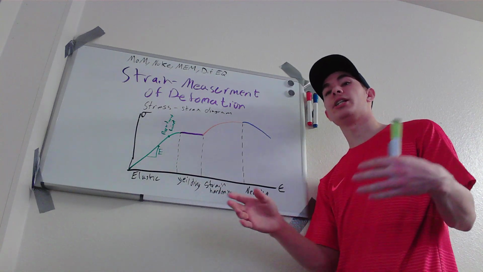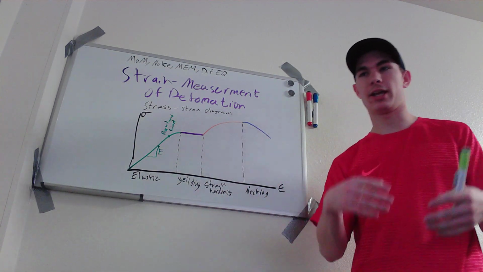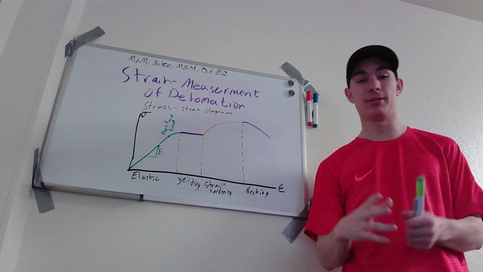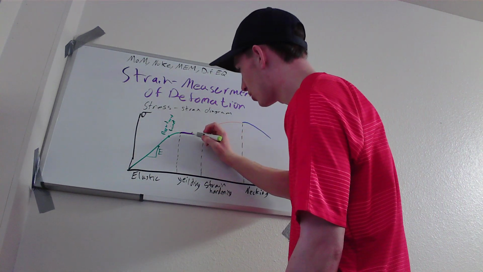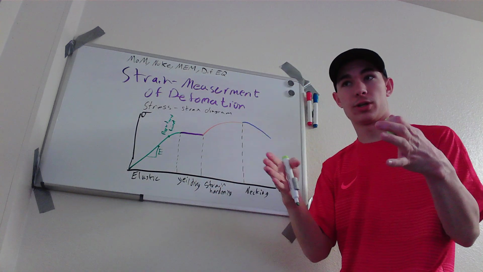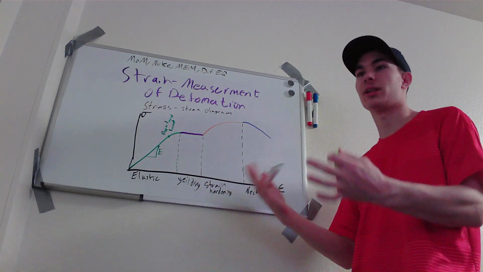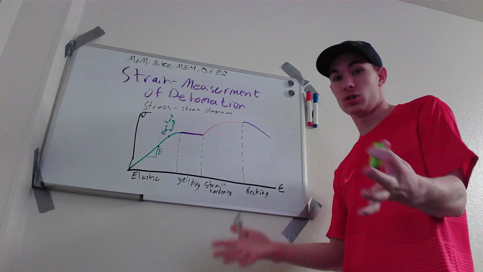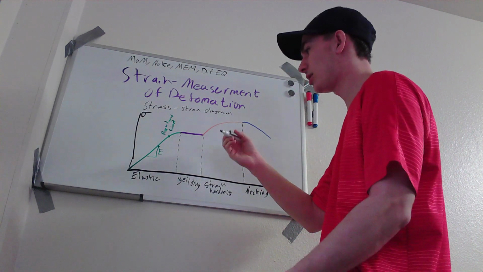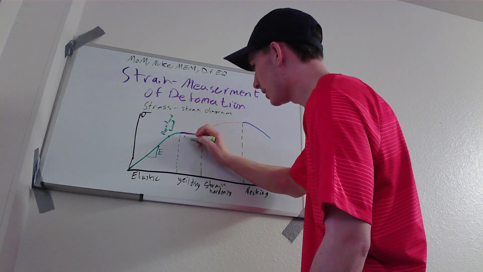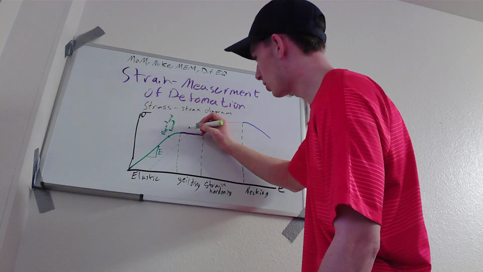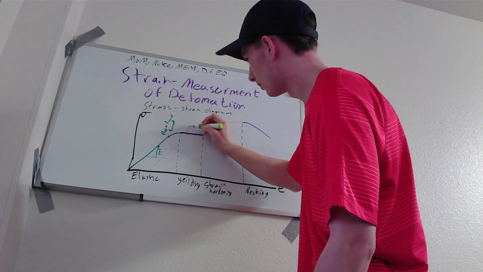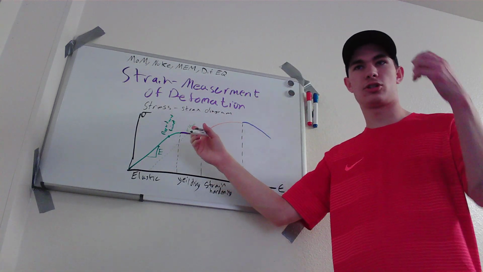If in the yielding region you remove the stress, so you're like, oh shucks, I went too hard and I'm now in the yielding region, what's going to happen is it's going to decrease, it's going to shorten. You didn't totally ruin your material. I mean, it's ruined, but you didn't totally ruin it. It's not broken. It's going to decrease, but not back to the original. So you stop here. You remove the stress.